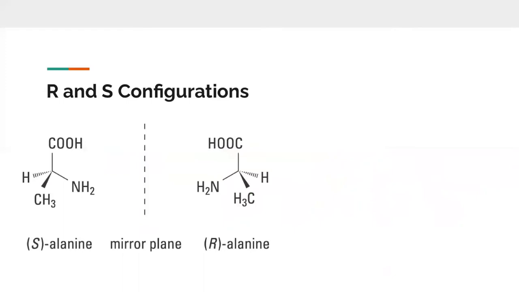So now that we know how to tell if two molecules are mirror images of each other and thus if they're enantiomers, we need to specify which molecule is which. This has a lot of applications in biochemistry, in medicine, and in just biochemical reactions.